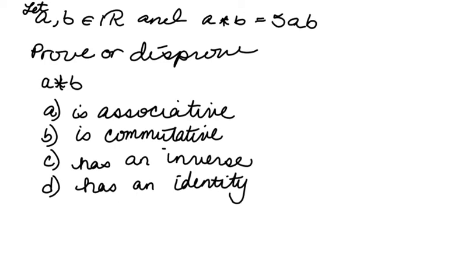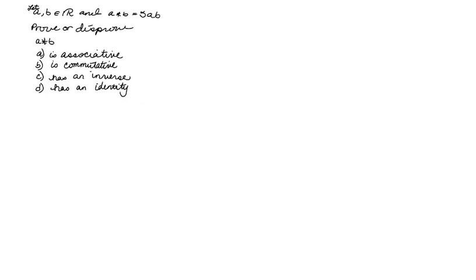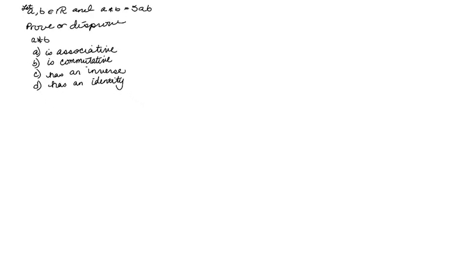So the first thing we're going to do is we need to prove associative. So what does associative mean? Associative means (A star B) star C with grouping symbols is equal to A star (B star C). So let's start this proof.